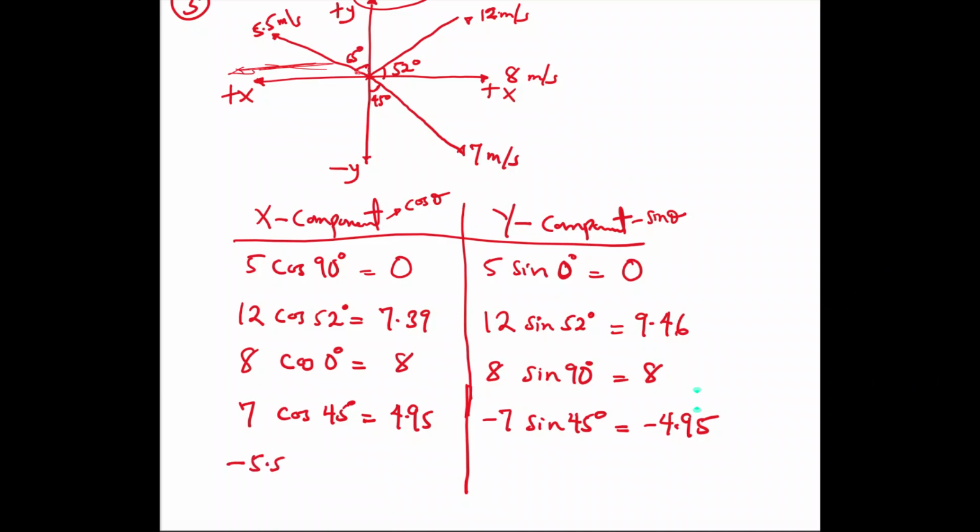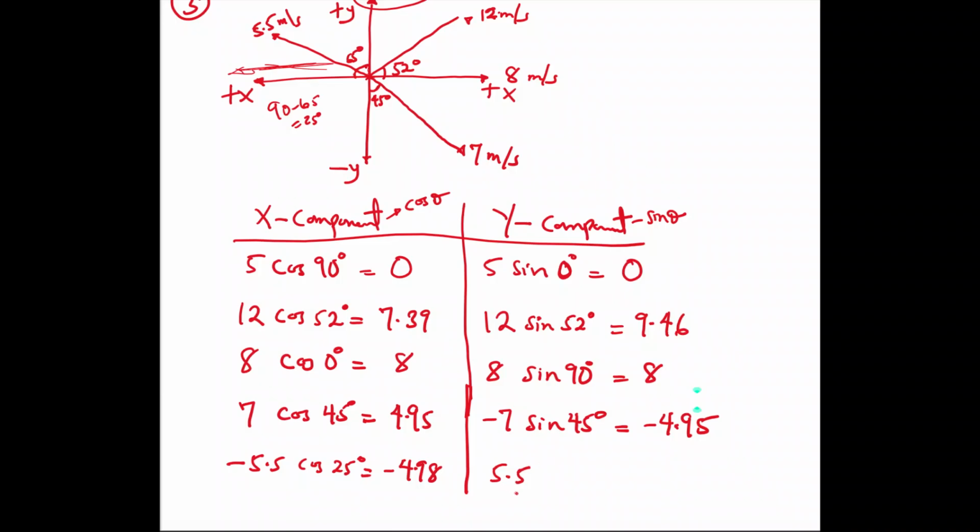So this is negative 5.5 cos. Now the angle between this place and this place will be 90 minus 65, which is 25 degrees. I always think of it as the angle that is facing towards this side, that will be the angle that you use, the closest. So that will be minus 5.5 cos 25 degrees, which will give us minus 4.98.